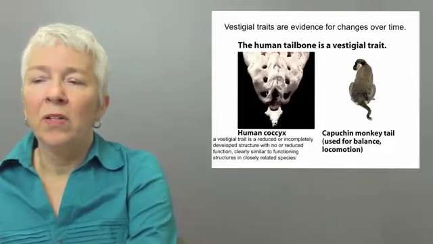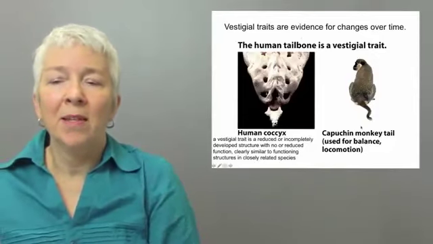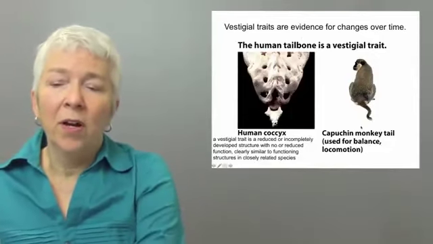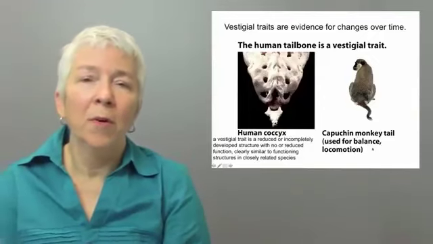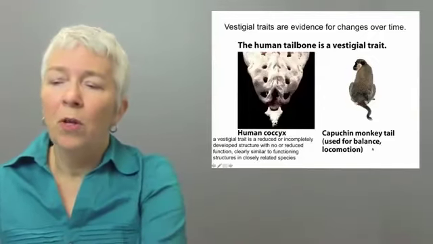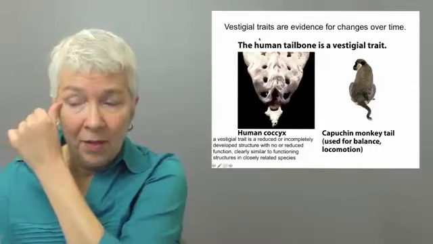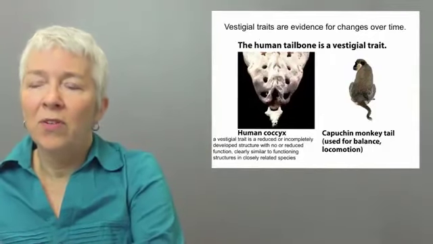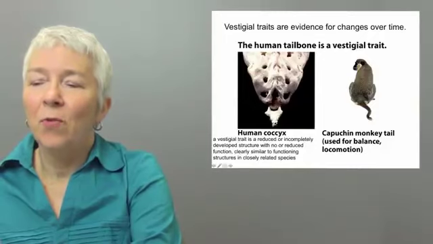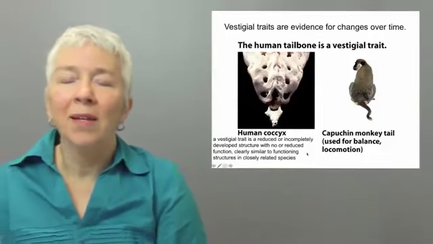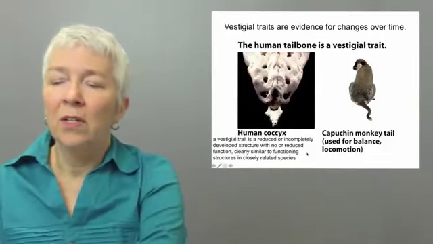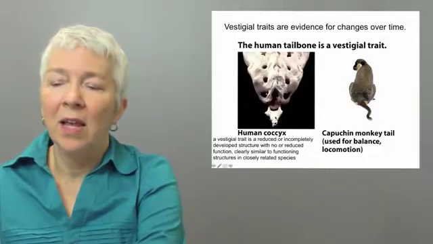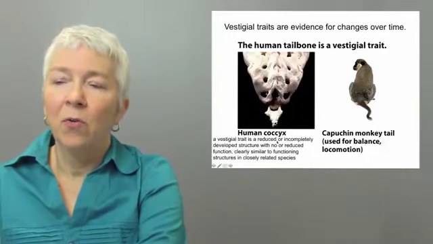So for example, although most primates have tails, which are very important for balance and locomotion in the treetops, we humans, who don't live in treetops, have a very reduced tail. In fact, we just have a tiny little remnant of a tail, which is a bone called the coccyx, and the spelling is shown right here.